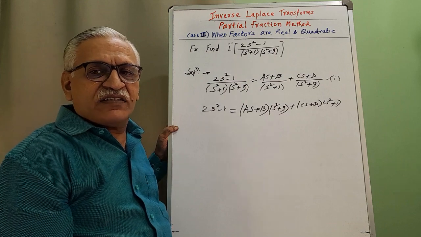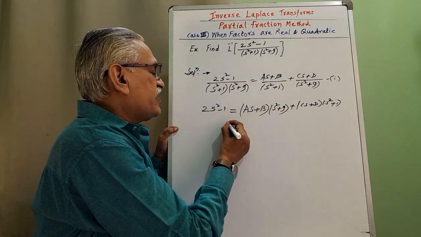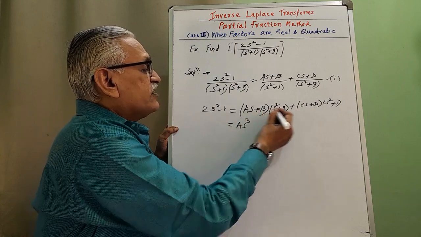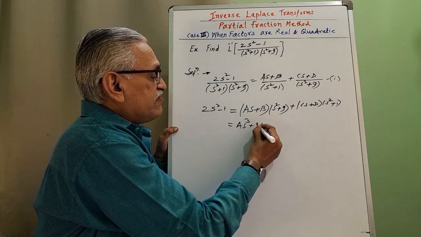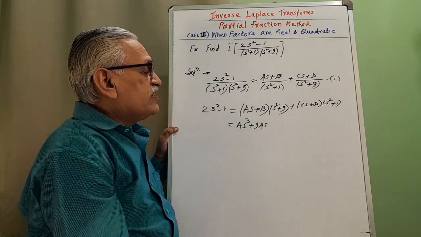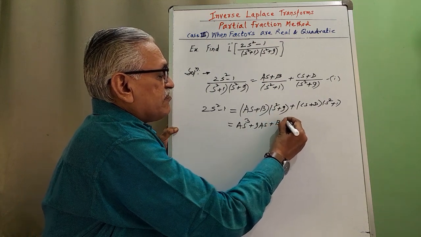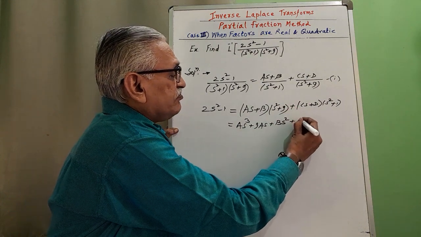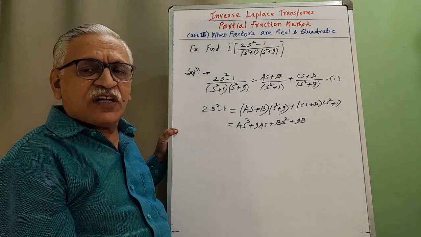Then simplifying it, making term by term multiplication, As into s² we get As³. Next, 9As, then Bs², then 9B, four terms.